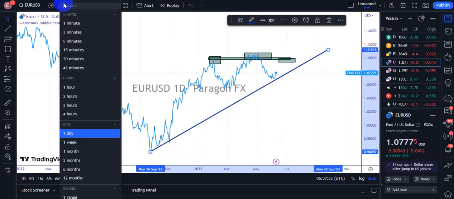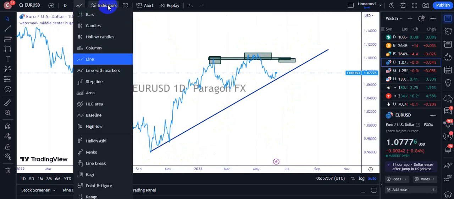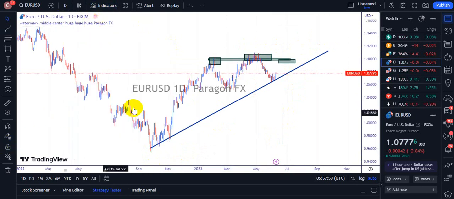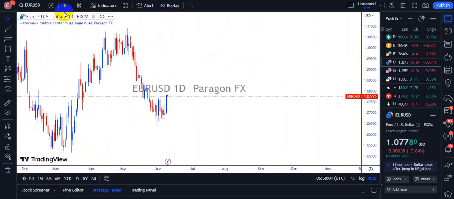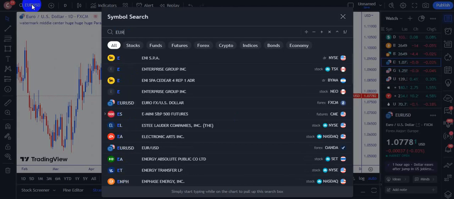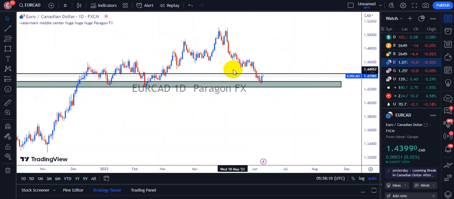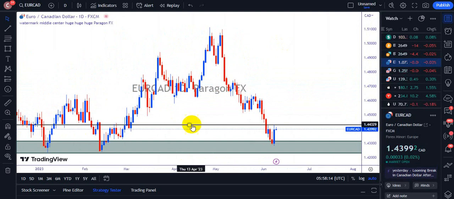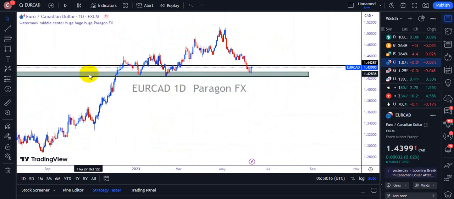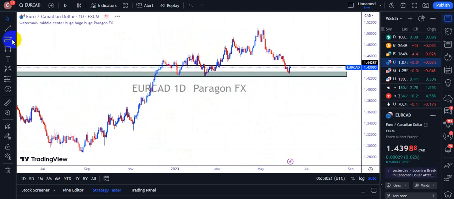Okay, candles. Eurocat. Eurocat has been rejected from the demand zone.